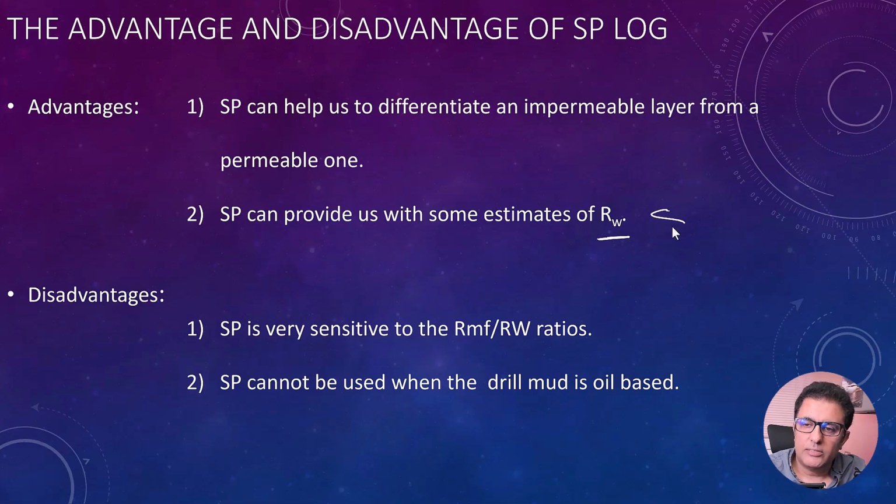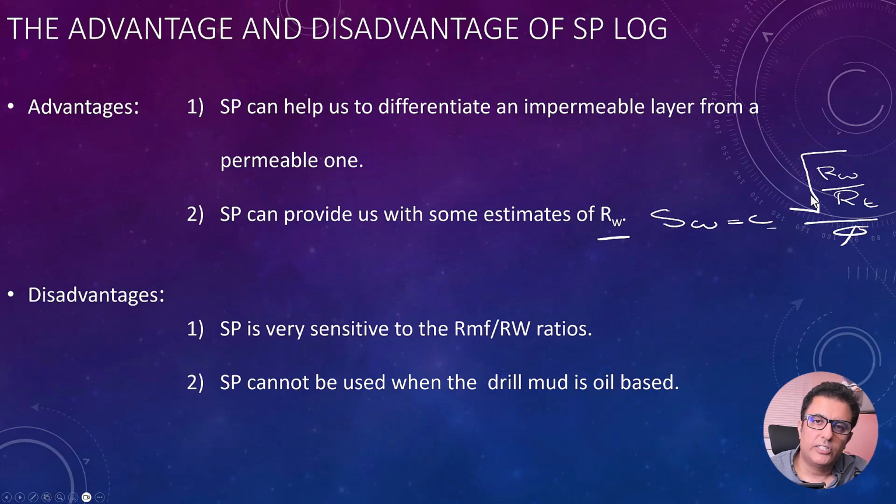We know that RW is an important parameter, that is the resistivity of formation water. Why is it important? Because we know water saturation can be obtained according to Archie's equation, using RW over RT over phi. And we learned that C is a constant, phi is the porosity, RT is the resistivity of formation, and RW is the resistivity of formation water.